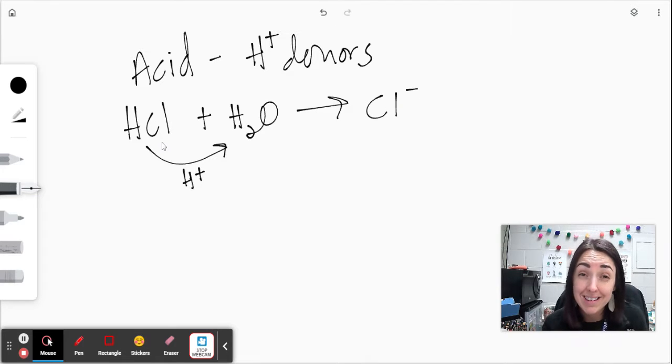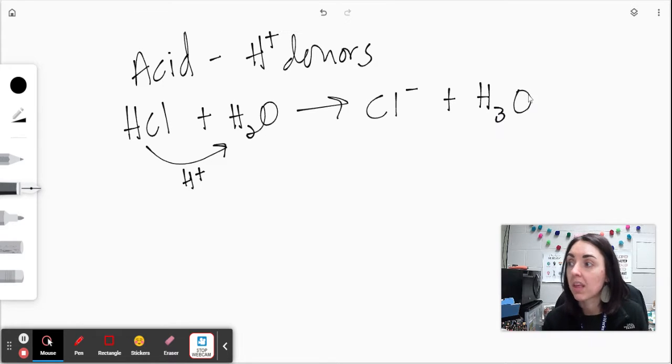See how it was neutral, but it lost an H and a plus, so it becomes negative, Cl minus. Then my water gains an H, so it becomes H3O, but it also gained a plus because it's H plus. So now it's H3O plus.